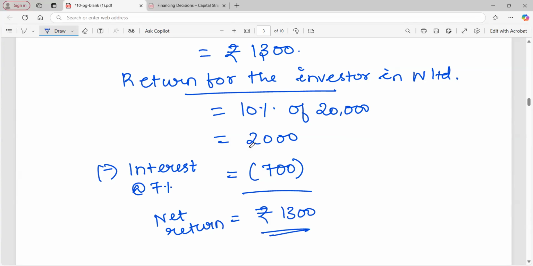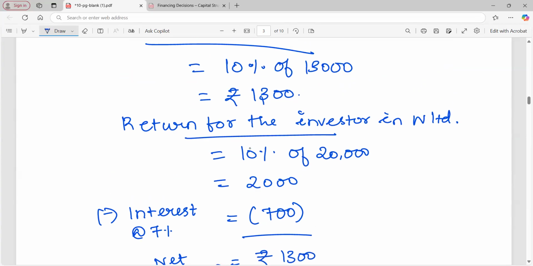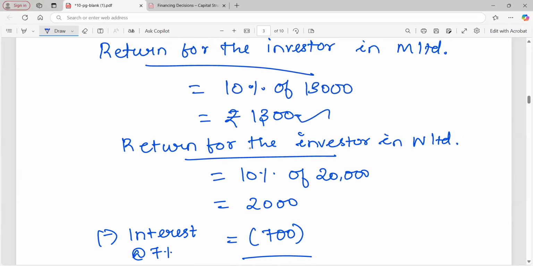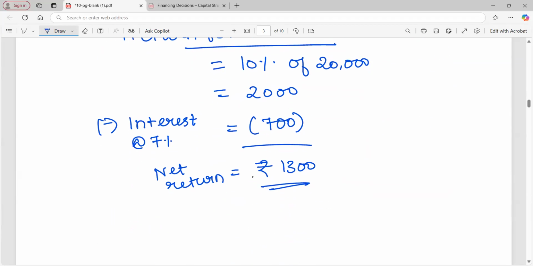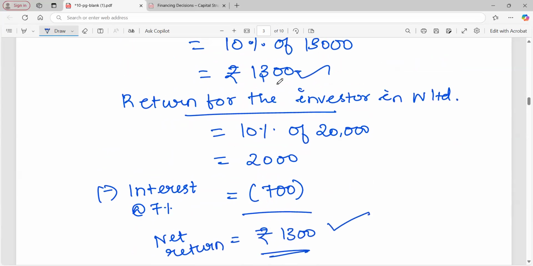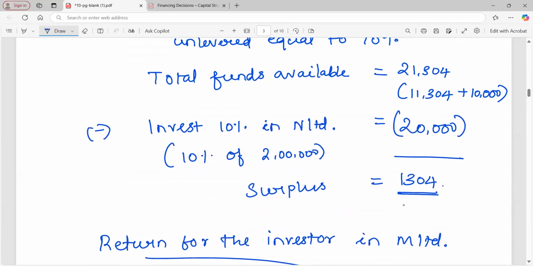So here we can see that the return earned by the investor in M Limited is also 1,300. Return earned by the investor in N Limited also it is 1,300. In both the companies, the investor is earning the same amount of return. Then what is the advantage? The advantage is this surplus of 1,304, which means even after investing in the unlevered company, even after investing the same proportion of 10 percentage in the unlevered company, the investor is having 1,304 rupees of surplus cash in his hand, right?